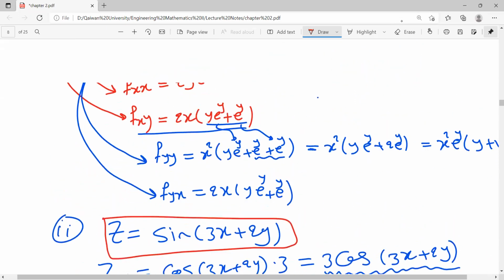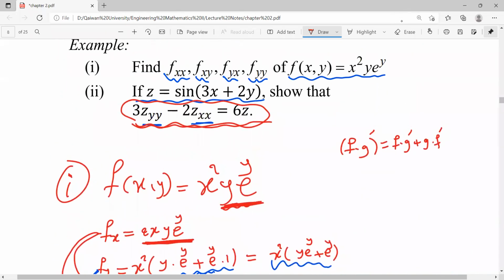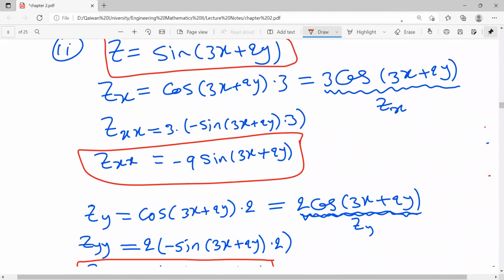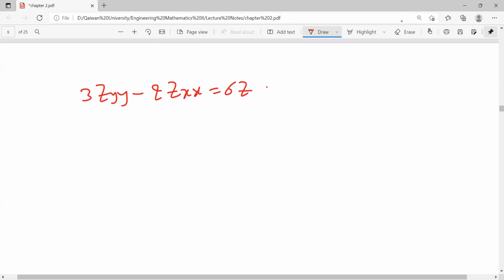Is it? Yes. Let's say this equation is star. We substitute z sub yy and z sub xx in star. Let's see what we get.